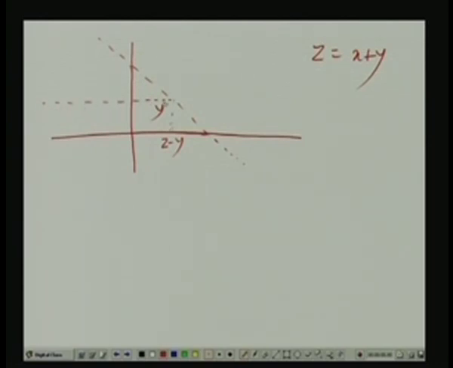We integrate the density with respect to x from minus infinity up to z minus y, and then we move y like this. That is, first along a particular line, from minus infinity to which point? z minus y.